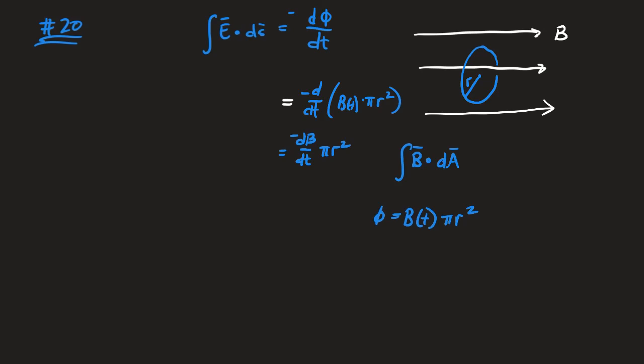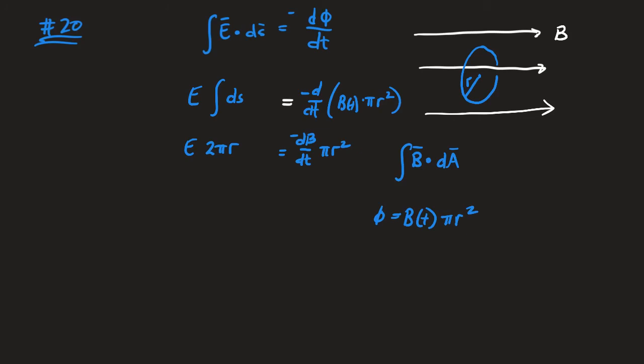My left side: I think we can assume that the electric field stays the same, that it's going to be tangent everywhere on my loop, and all I have to do is add up the length of my loop, which is 2 pi r. Is that okay so far?